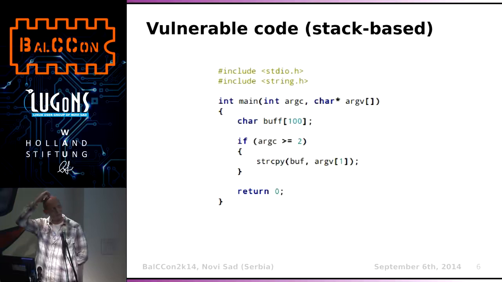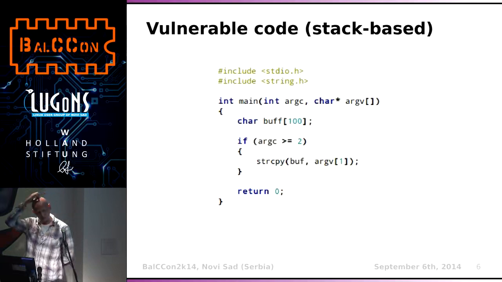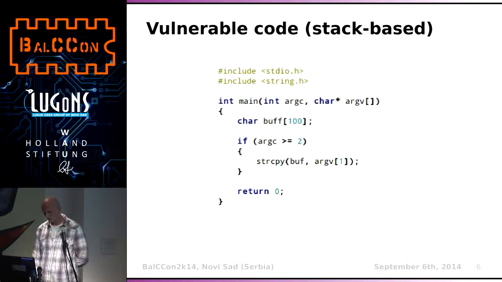Vulnerable code in the stack-based case looks like this. You have the statically allocated buffer here, and you are using some kind of unsafe C++ function. In this case, there is a string copy. So if the input data here is bigger than 100 characters, this buffer will be overwritten.